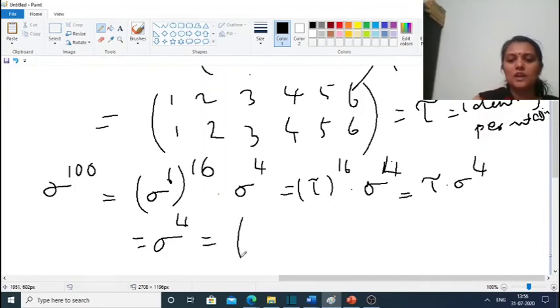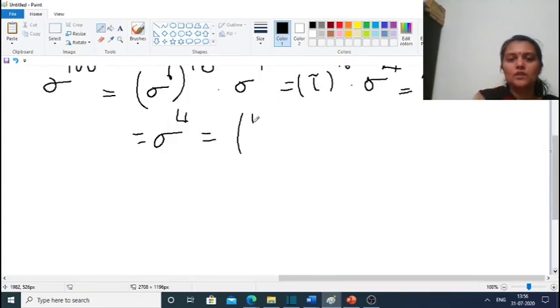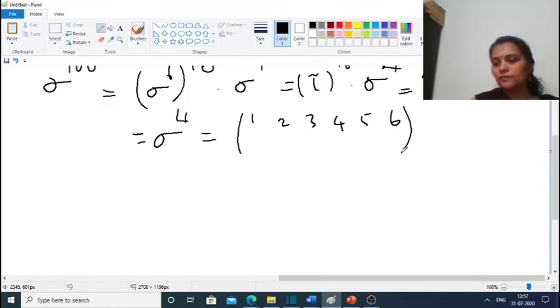We got sigma raised to 4 as (1 2 3 4 5 6 / 6 5 2 1 3 4). This is the answer, sigma raised to 100.